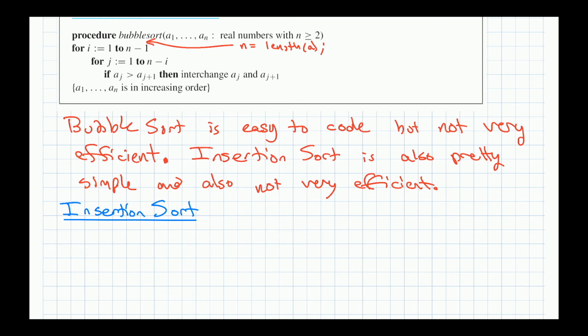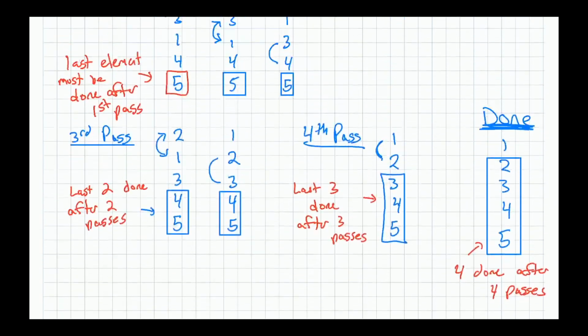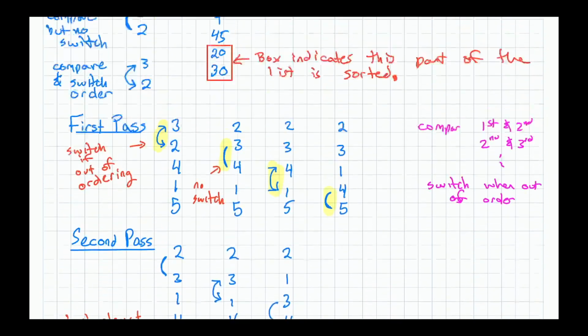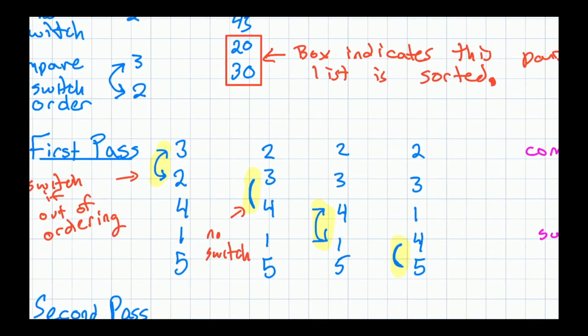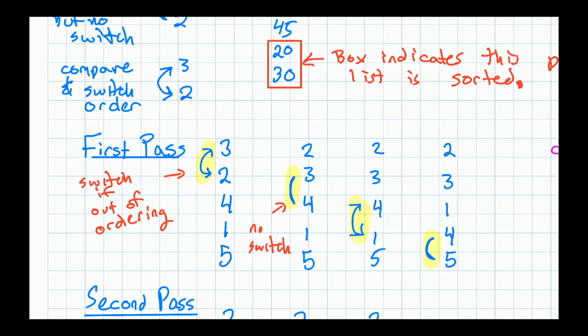Insertion sort is kind of the same as bubble sort, but what I want you to know about bubble sort is that when we're making comparisons, we're always comparing elements 1 and 2, then 2 and 3, then 3 and 4, then 4 and 5, right?